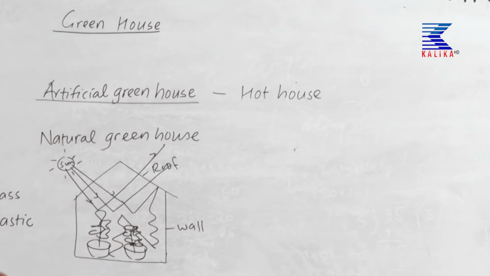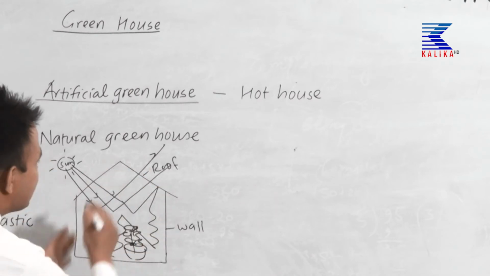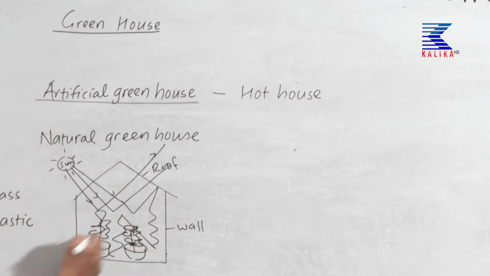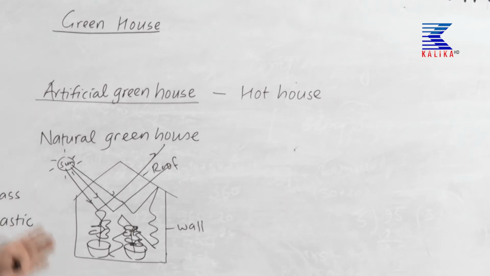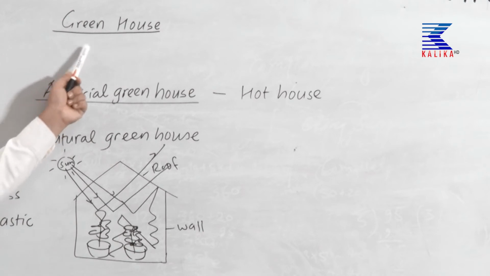The light of shorter wavelength having very high energy has got the heating effect, so that the heat gets trapped inside of it, and the environment inside of that house, which is made up of the glass or plastic, is comparatively hotter. It is suitable for growing all types of the plants all around the year, and that remains green for the whole year. That's why that's called the greenhouse.